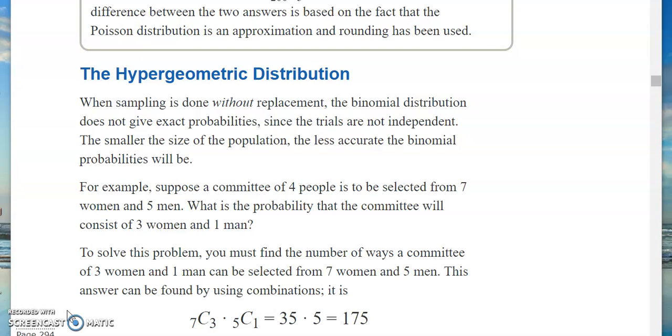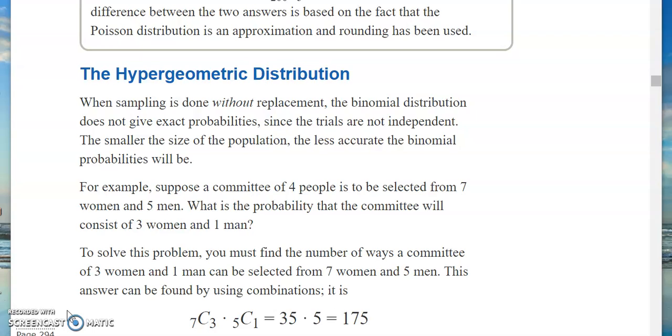So you may recall a problem we had where we were dealing with selecting 10 human beings out of the population of the United States, and we said at that time the sample size of 10 is so small compared to the entire United States that it really doesn't matter whether we are replacing or not replacing. Every time I take a person out, I don't replace them into the population, but it's close enough for government work. We can use the binomial distribution. Okay, so that's what we did before.